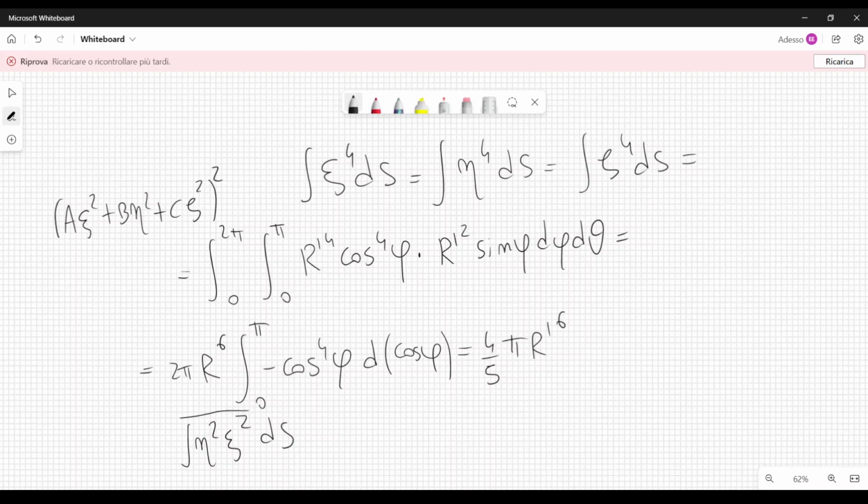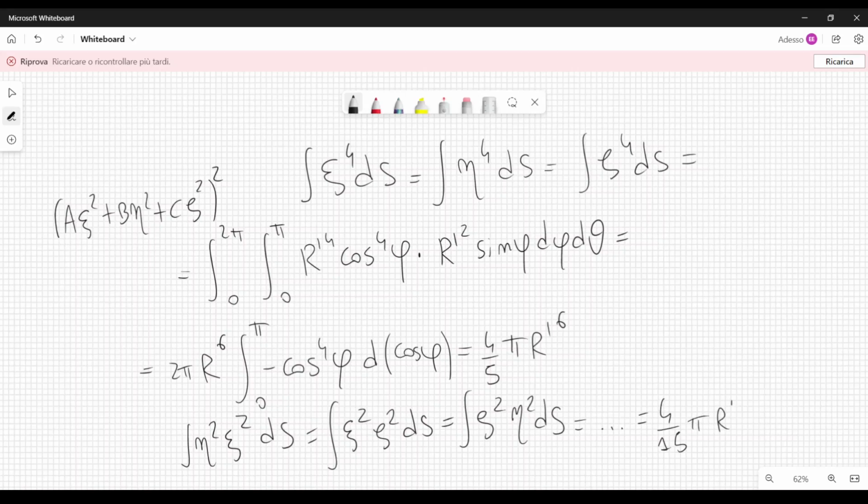So we will also have such integrals, and they can be carried out easily. I will not do the integration. This is also equal to integral of xi squared zeta squared ds, which is also equal to integral zeta squared eta squared ds. And if you do the calculation, you will get that this is equal to 4 over 15 pi r prime to the 6th power.